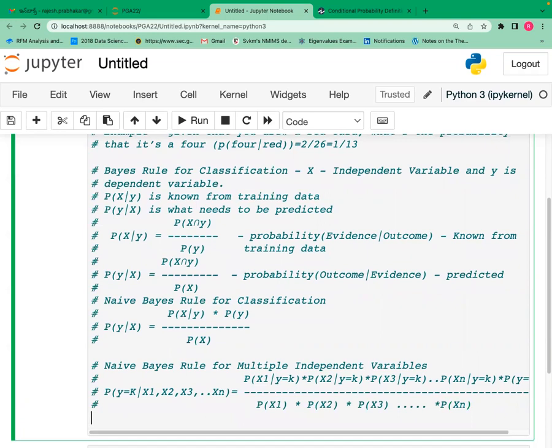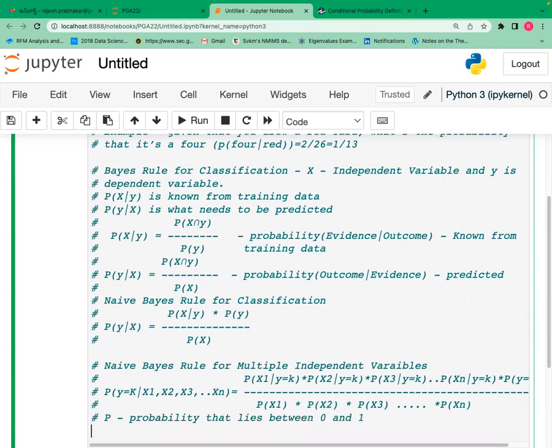Now, what is P here? P represents probability, which lies between 0 and 1. What is K here? K is the number of classes or levels in the dependent variable. If it is a binary variable, there will be 2 levels.